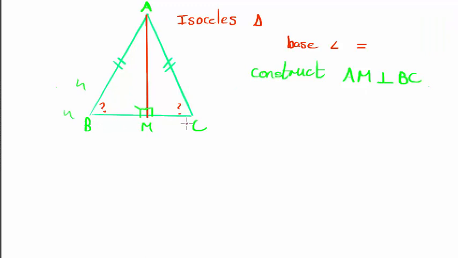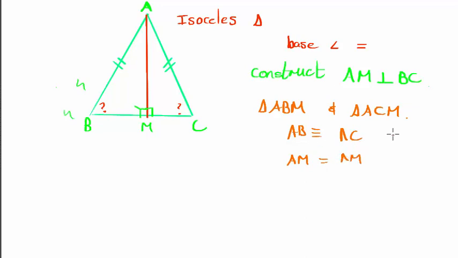So when you have AM perpendicular to BC, now in triangle ABM and triangle ACM, we have AB is congruent to AC. This was given. We have AM is equal to AM. This was a common side.